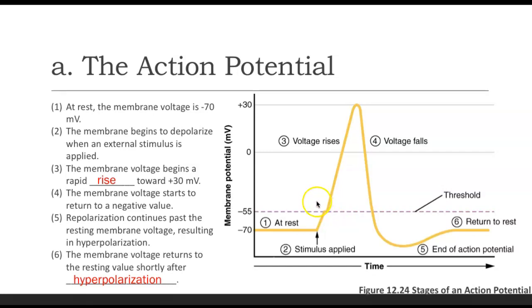So all those gated channels are opening because our voltage inside our cell changed from negative 70 to negative 55. Now that my voltage-gated sodium channels opened, all of these sodium channels are opening and allowing the sodium to flood into the cell, and that's why we get this rapid rise inside my cell to reach positive 30. At the peak here, my sodium voltage gated channel doors are going to close.